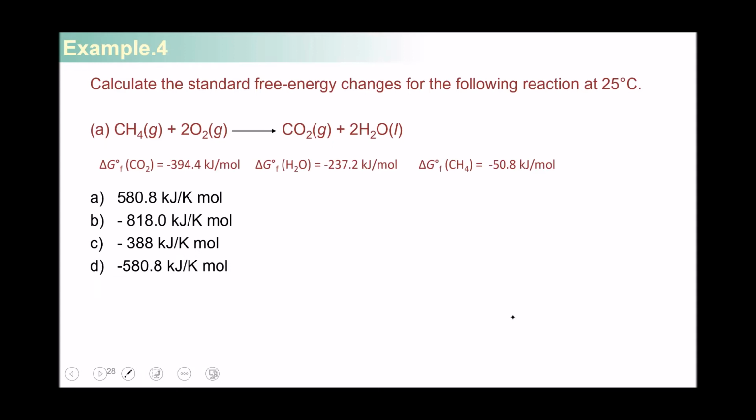So for this reaction right here, if we want to calculate delta G for the reaction, it is going to equal the sum of number of moles times delta G of formation of the products minus the sum of number of moles times delta G of formation of all the reactants.